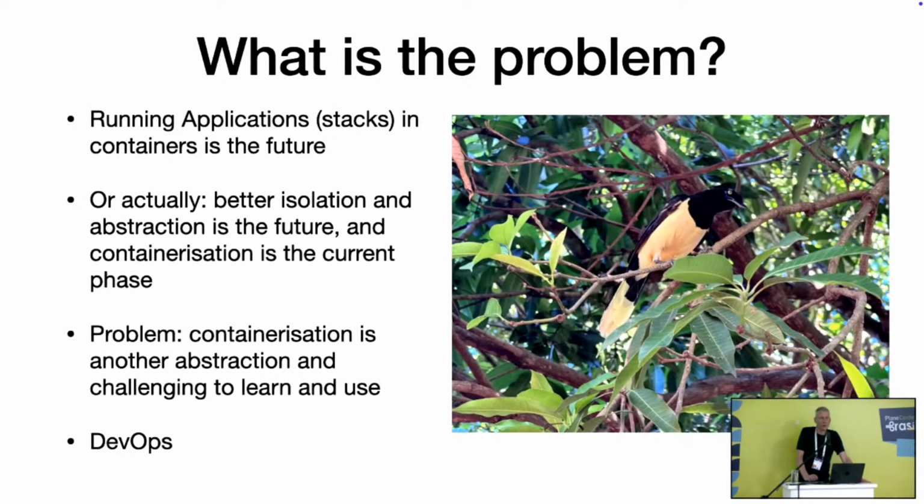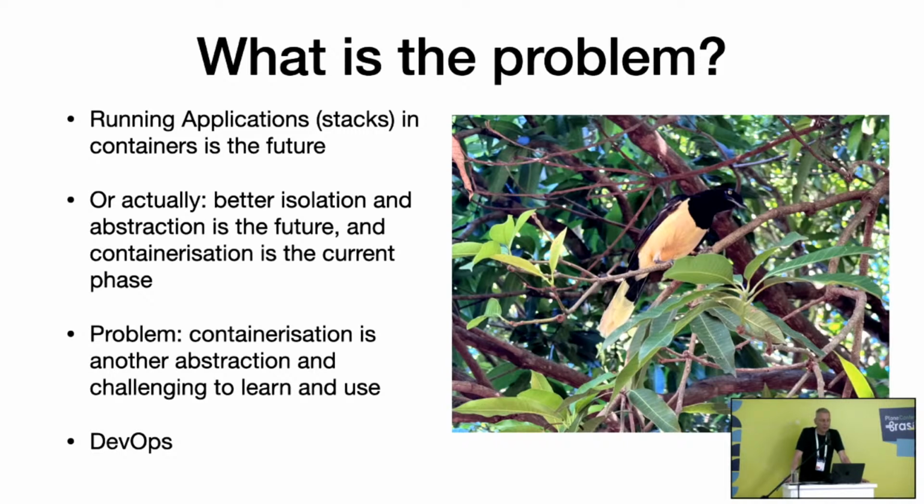So what is the problem? The problem here is that since 2022, we have been discussing and actually implementing default examples for how to run Plone in containers, because running applications and application stacks in containers is the future, or actually better isolation and abstraction is the future, and the current state of containerization is the current phase that we're in.